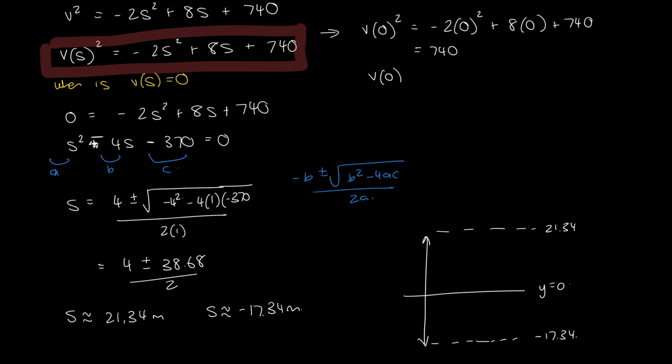So v at 0 is approximately equal to the square root of 740, which is approximately equal to 27.2 meters per second, plus or minus. So in this situation, again, it has a velocity, so it's going to hit the ground at 27.2 meters per second. And that means it's going to crash.